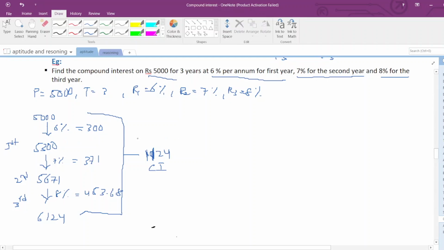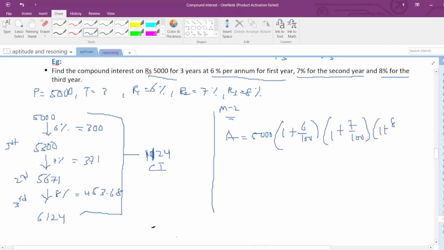Let's do the second method. Method 2 is using the formula. Student, what formula is given? Amount is equal to principal, which is 5,000, into 1 plus R1 by 100, which means 6 by 100, into 1 plus 7 by 100, into 1 plus 8 by 100.